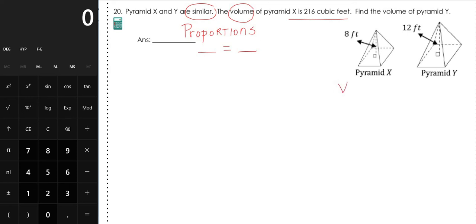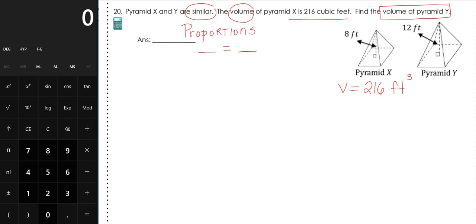I'm going to write that underneath pyramid X to start organizing my information, 216 feet cubed. And I like that the information they gave me in the diagram also is in feet. Okay, it says find the volume of pyramid Y. This is our ask. We need to figure out the volume of pyramid Y.